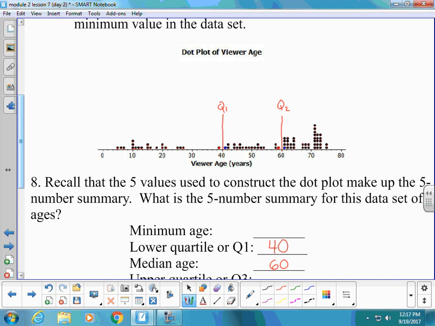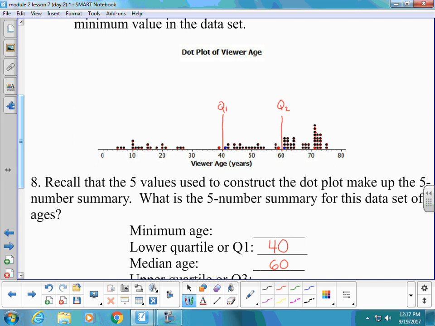I do the same thing now on the other side of Q2, on the right of Q2. I'm going to find where half of those 40 dots are so that I can find Q3. So I'm going to count another 20 dots. That's 40 altogether. So 1, 2, 3, ... 19, 20.